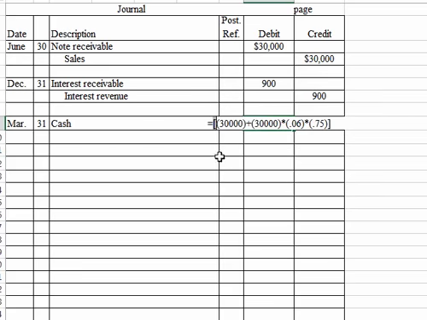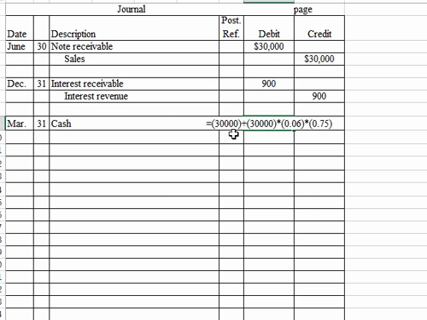Maybe I don't need that. If this doesn't work, we'll calculate it on another page. There we go. Now let's look at it again. What did I do here?